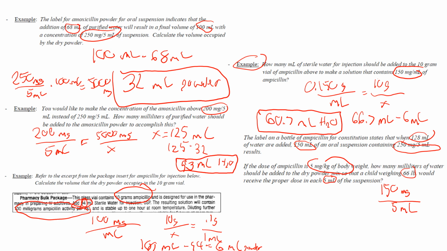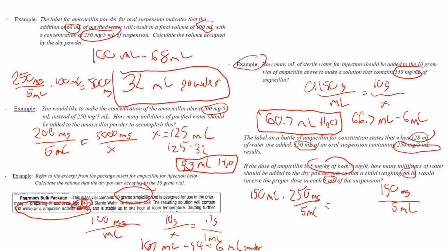So what we can do is 150 milliliters times 250 milligrams per 5 milliliters. This is just us solving how many milligrams of powder are in the actual vial. So 150 times 250 divided by 5.